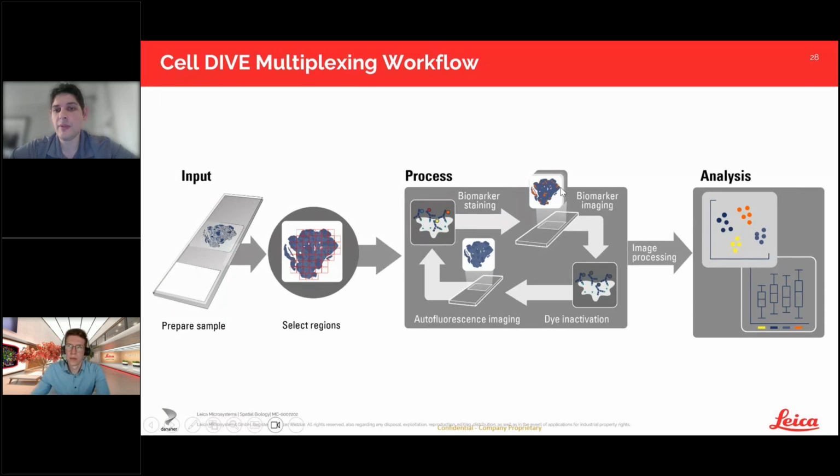We then image those biomarkers, and then we inactivate those dye molecules using a gentle dye inactivation solution. We then perform some autofluorescence imaging to subtract out background, and then we repeat this process 4 biomarkers at a time until all the biomarkers in the study have been imaged. Once we're finished with that, we can perform image processing using analysis tools. We can use image processing that's built into the CellDive process and then perform our analysis using analysis tools.